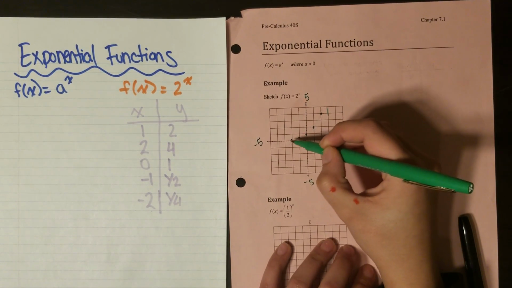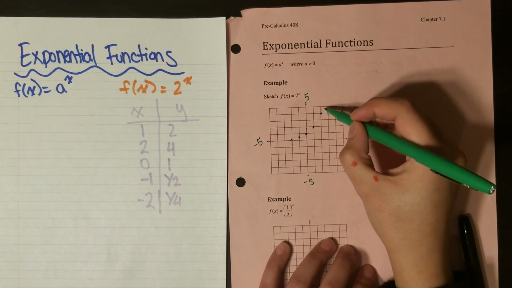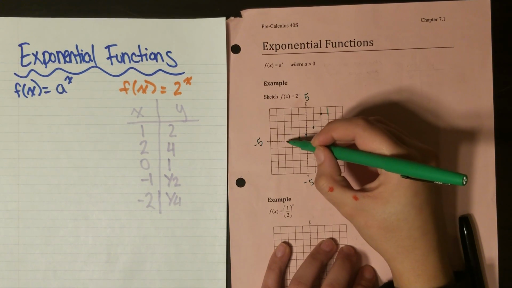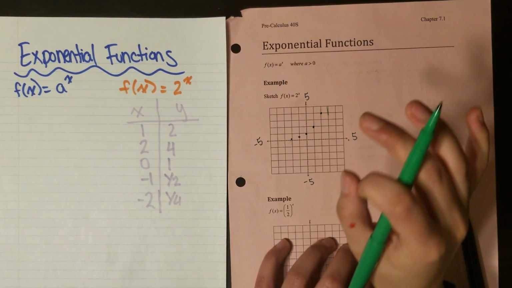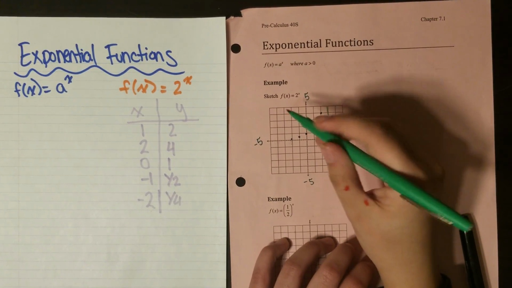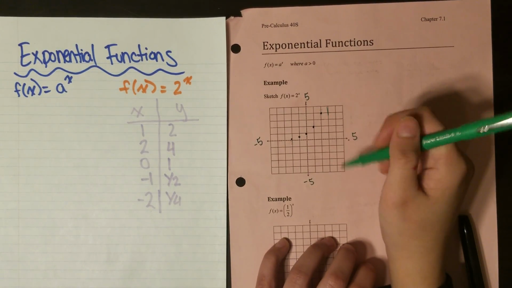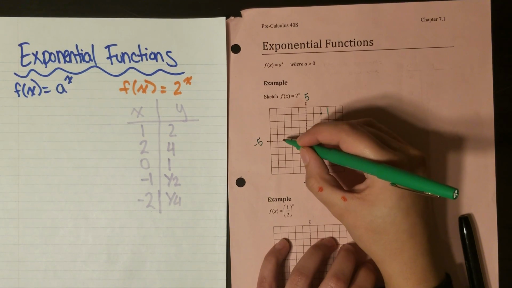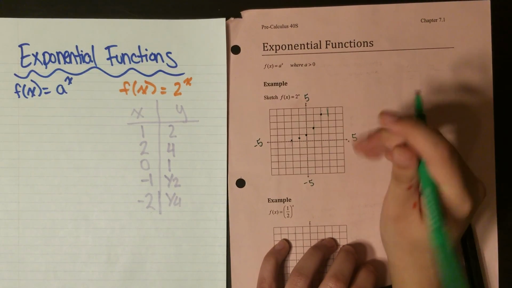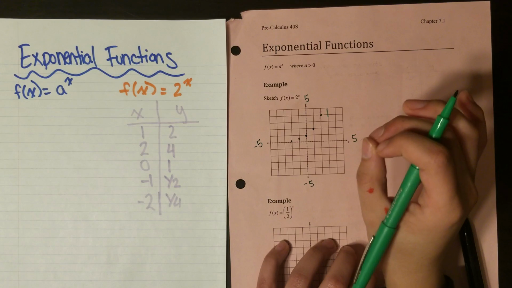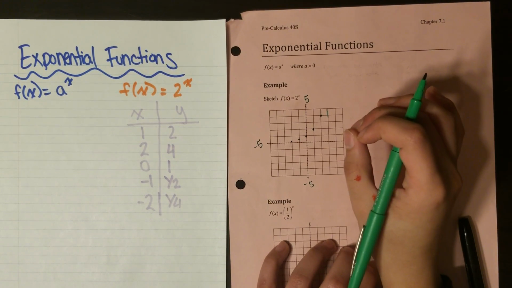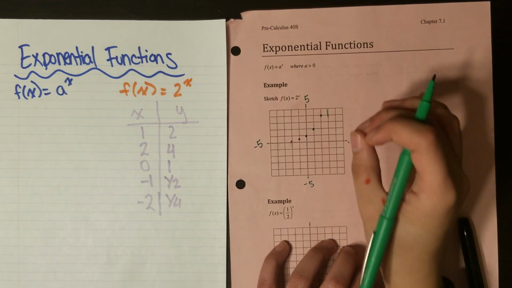So I notice something happening here. My function is getting close to that x-axis, but it's not reaching the x-axis. It's not passing the x-axis. It's just getting very, very close each time. So that means I have a horizontal asymptote when y is equal to 0.